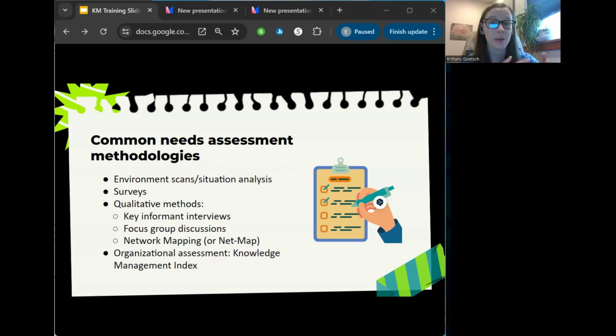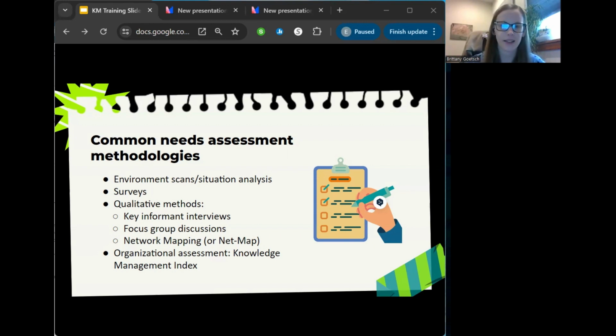So that may also be something to consider when choosing your methods to assess knowledge needs, is to choose the most appropriate method for your audience.